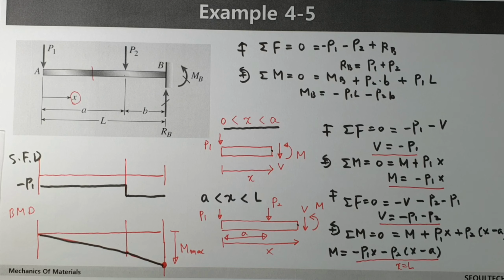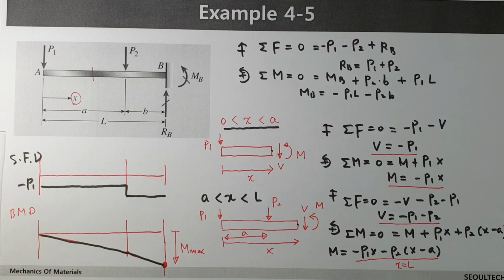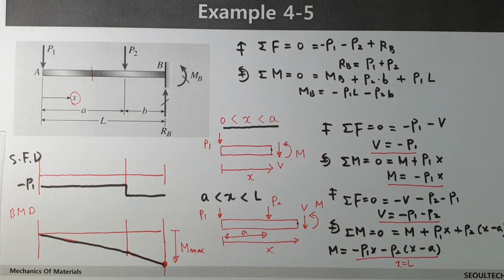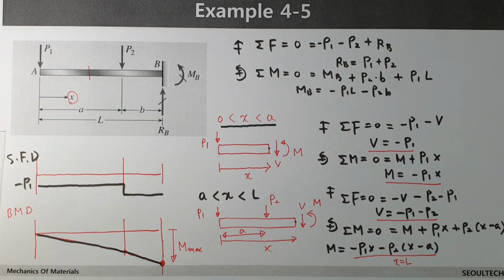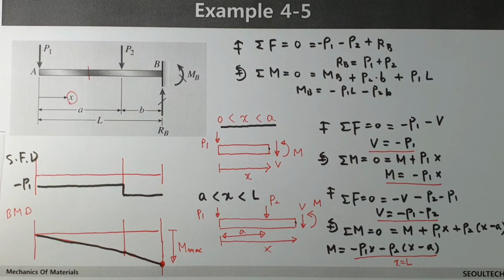In the next chapter, when we consider the inside stress in the beam, it plays a very important role in fixing the related values. Anyway, when you consider the bending moment diagram, this point is the maximum.